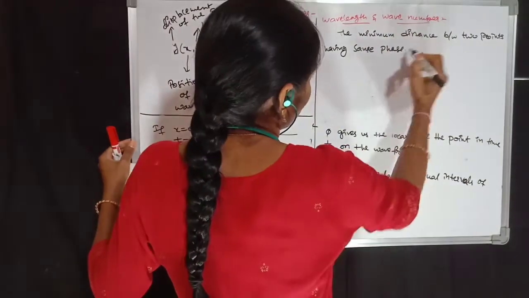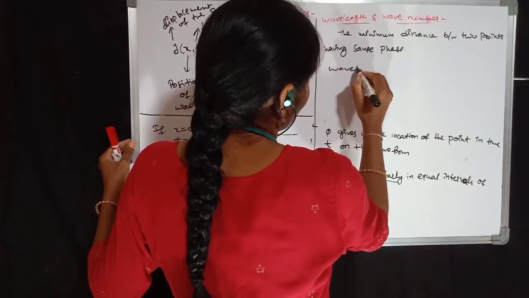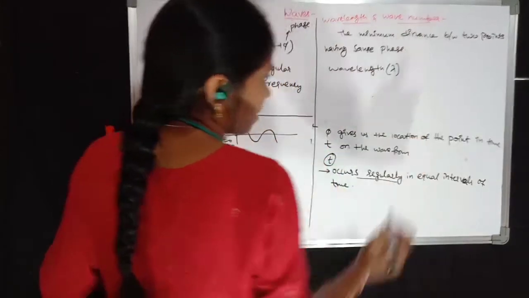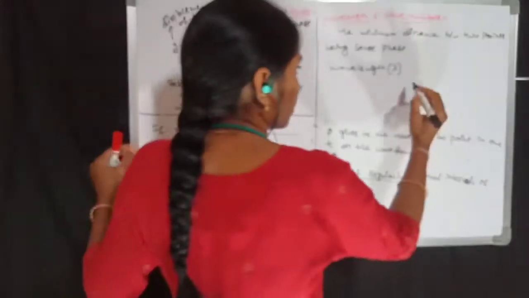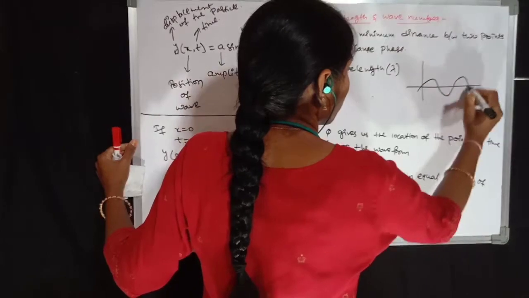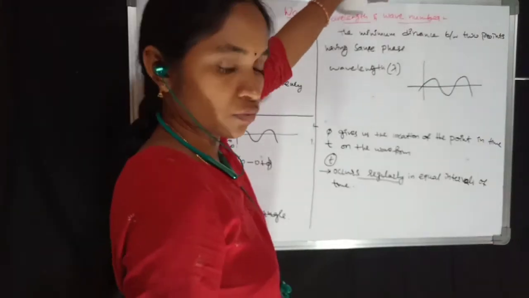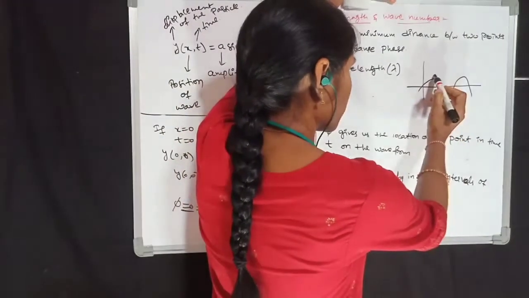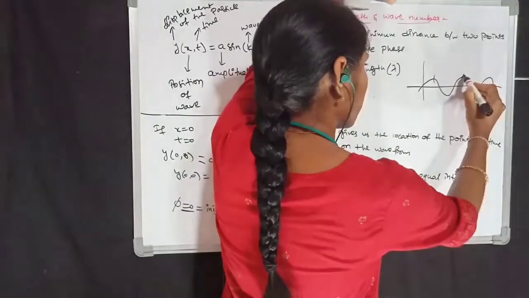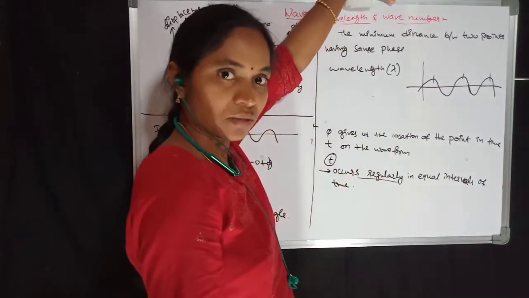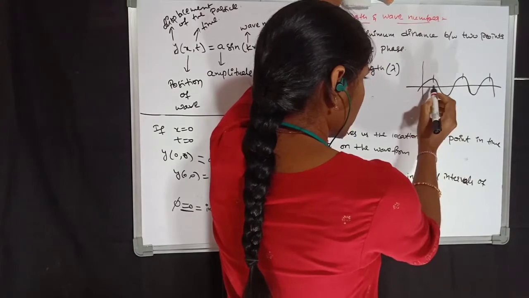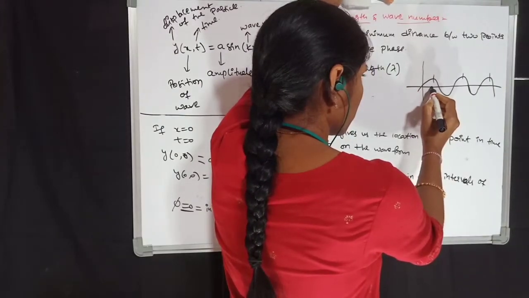This wavelength is denoted with lambda. This wavelength lambda is nothing but the minimum distance between two points having the same phase. Carefully observe this wave. At these points, phase remains constant. This is the equilibrium position of the particle.